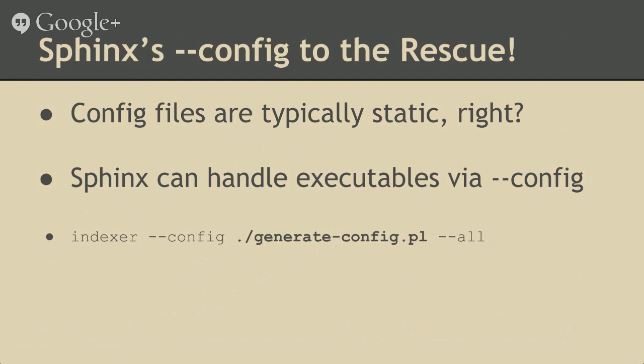So what I do is I have a Perl script that emits a configuration file, and it can change every time. I don't maintain a static configuration file. I've got all these variables that are changing, so each time that I re-index, it pulls in whatever the proper configuration should be.